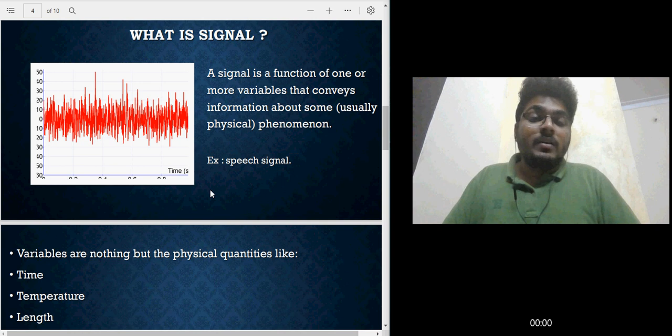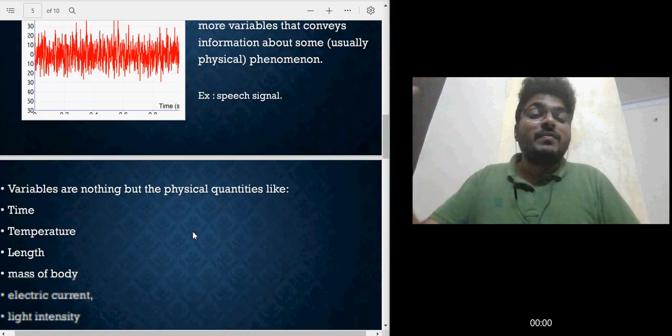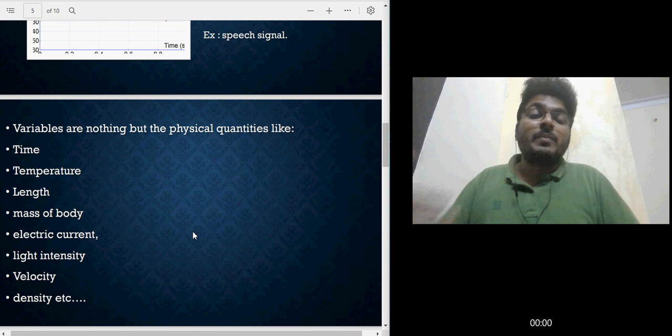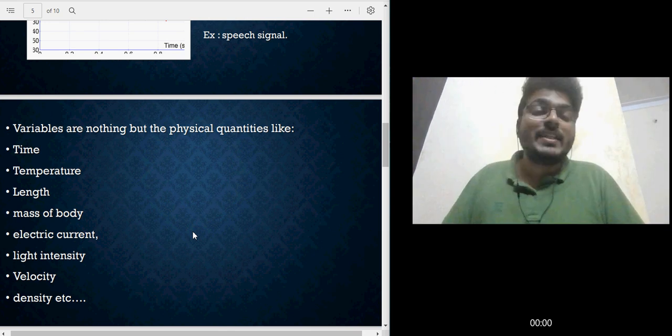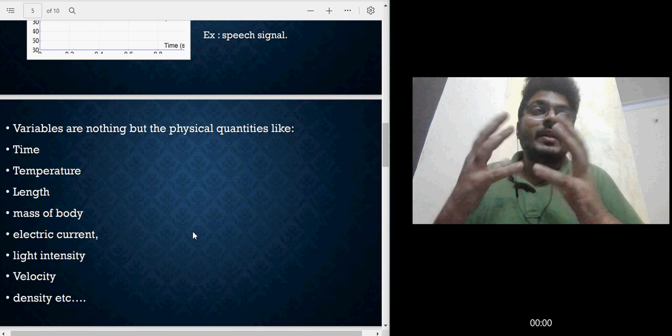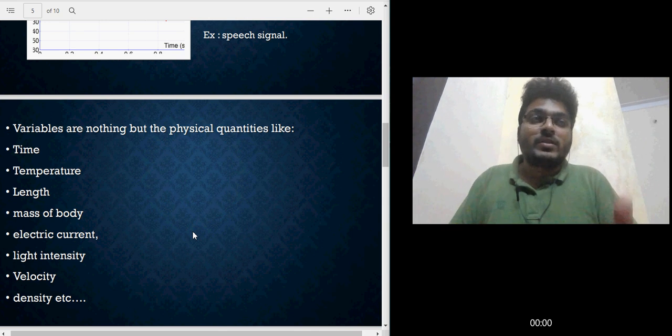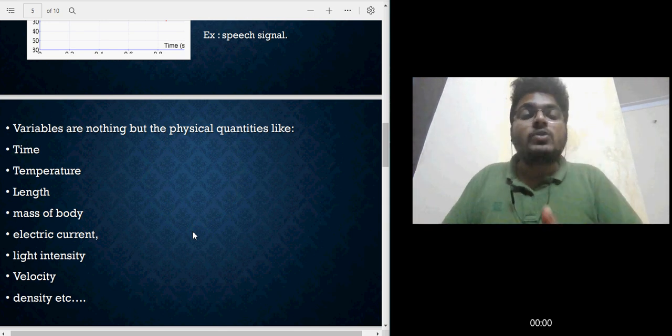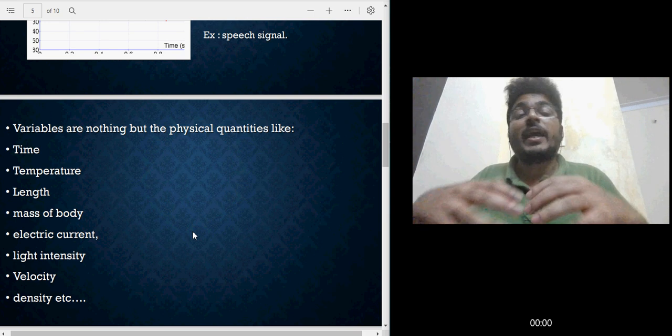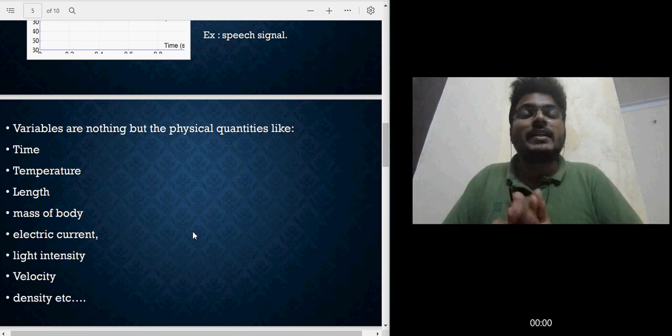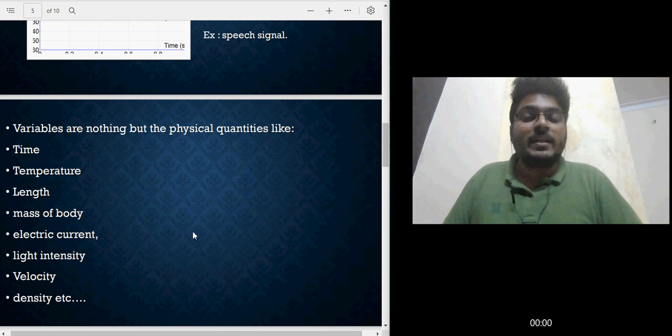But it might be time, and the y-axis might be many other physical quantities also. It might be time, temperature, length, mass, electric current, light intensity, velocity, density. So if you're able to represent any graph or any process with respect to all these physical quantities, it can also be considered a signal. That's how you represent a process taking many physical quantities like that.